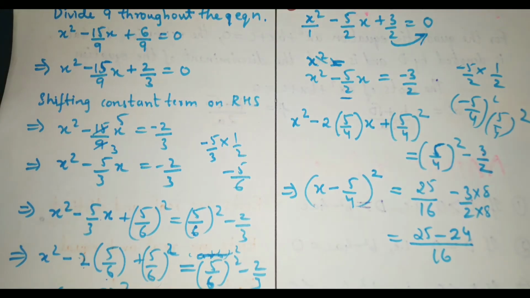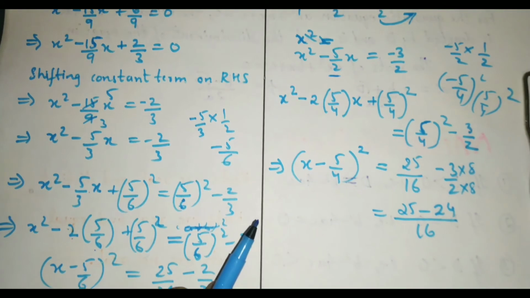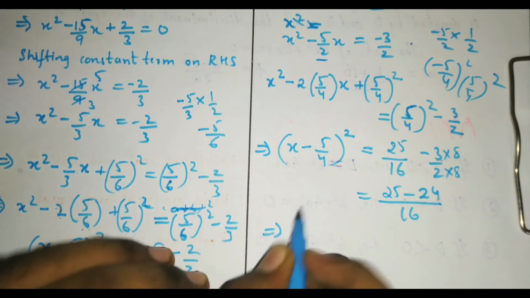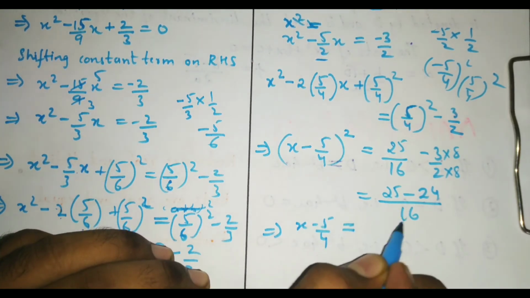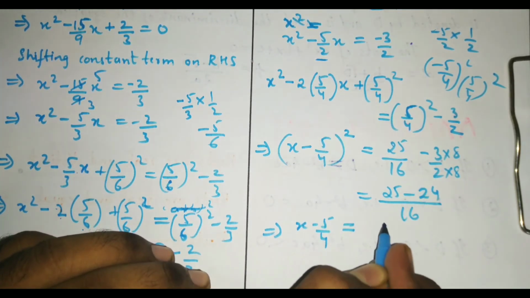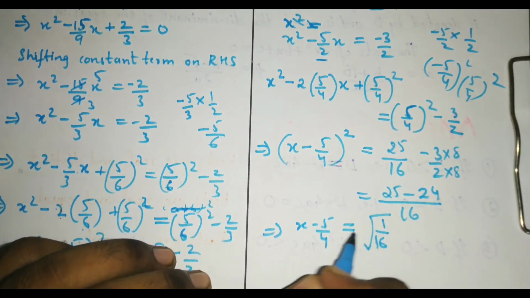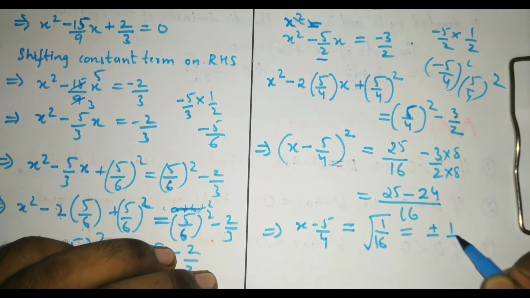Now what do you have to do? The next step is to take the square root on both sides. That implies the square goes, so x minus 5 by 4 equals the square root of 1 by 16, which will be plus or minus 1 by 4.